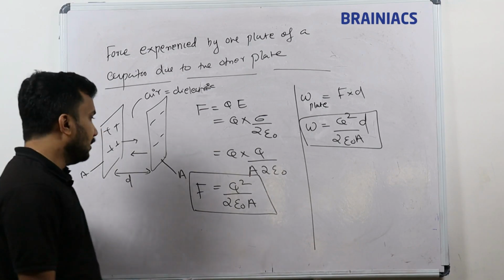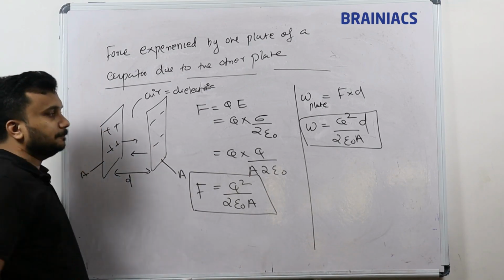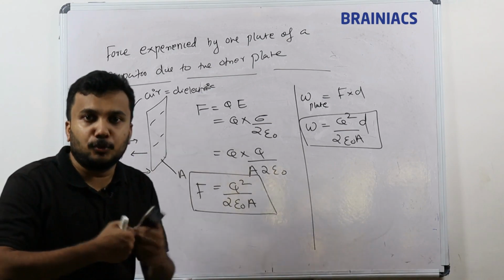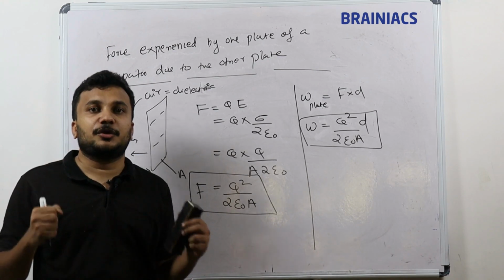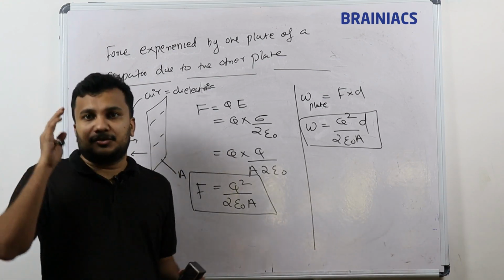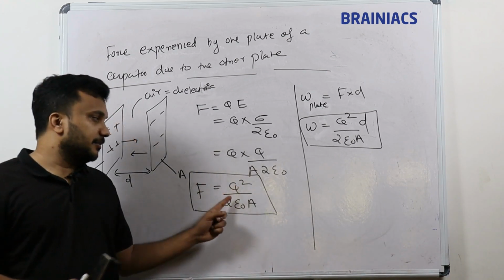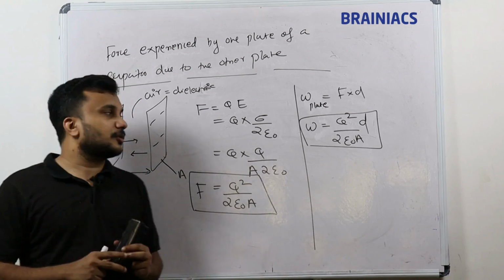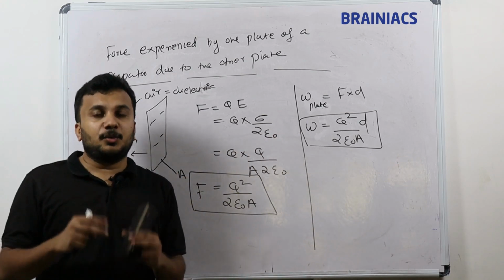So this is the initial structure, and with the initial structure this is the force experienced. If I want to move one plate by a distance of D meter away, the force experienced by one plate is given by Q square by 2 epsilon 0 A, and force into distance is called work. And how to find the work?